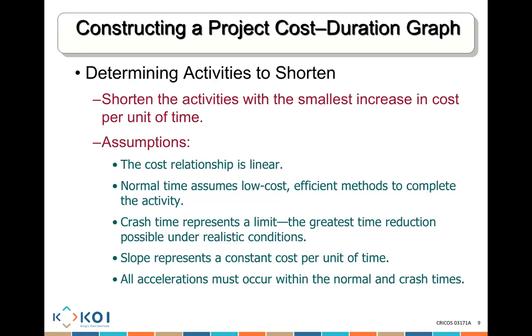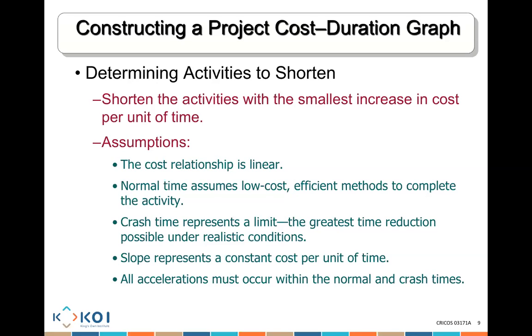So that's what we need to calculate. The slope is a lot of the time not calculated, and I'll show you how to calculate it. But you need to calculate the slope, which is how much it's going to cost me per unit of time to really reduce that specific project duration.